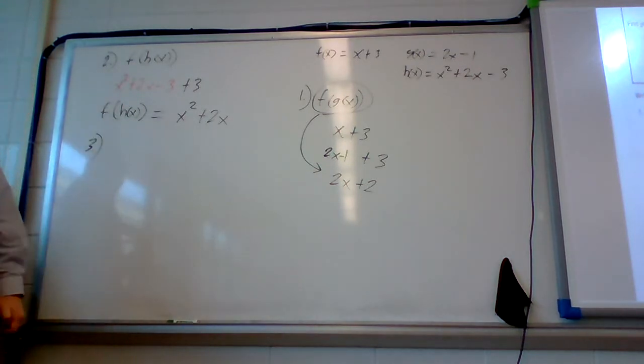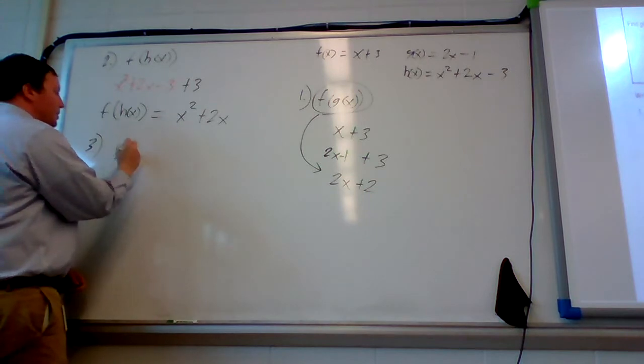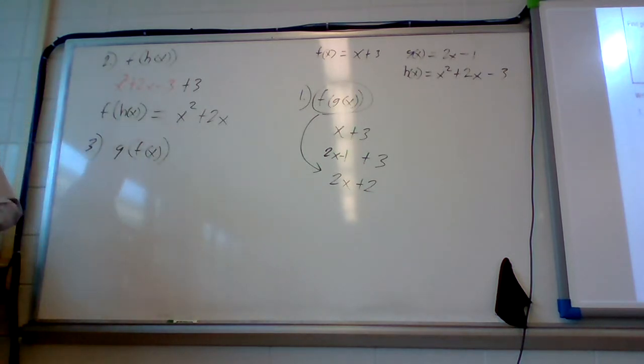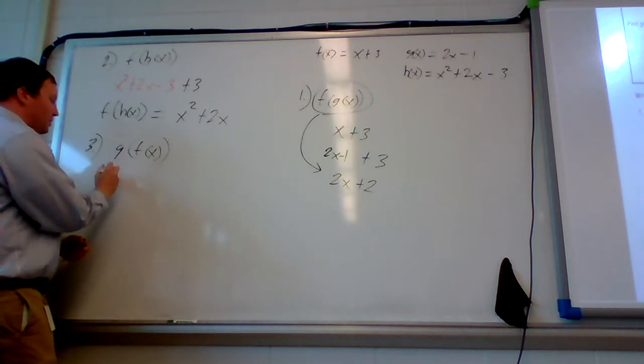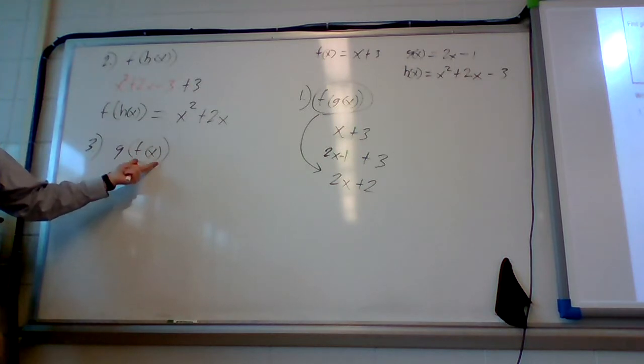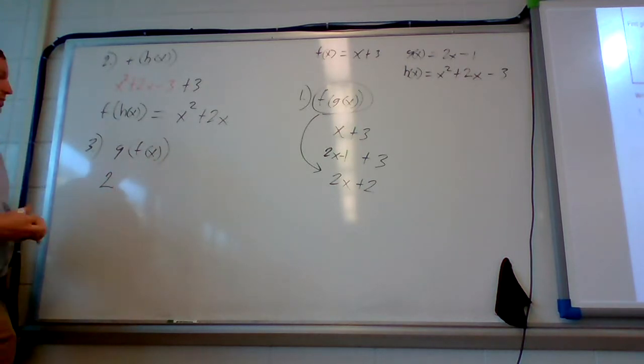Number 3, this time we're going for g of f of x. So what function are we starting with? 2x minus 1, right? So I've got 2. I'm plugging in the function of x, or f of x, for my x value. So it would be 2x.